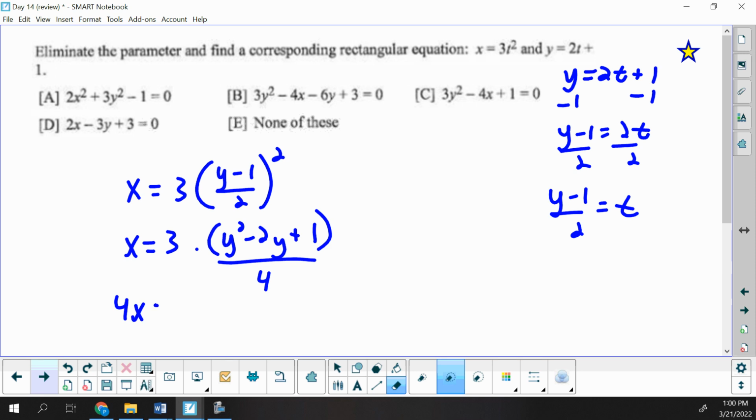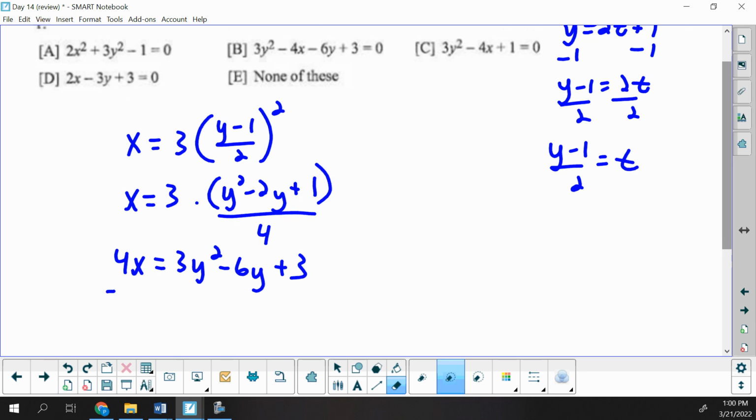So we'll get 4x is equal to 3y squared minus 6y plus 3. And to get it to match with one of our choices, let's subtract the 4x over. So we have 3y squared minus 4x minus 6y plus 3, and that looks like it matches with choice B.